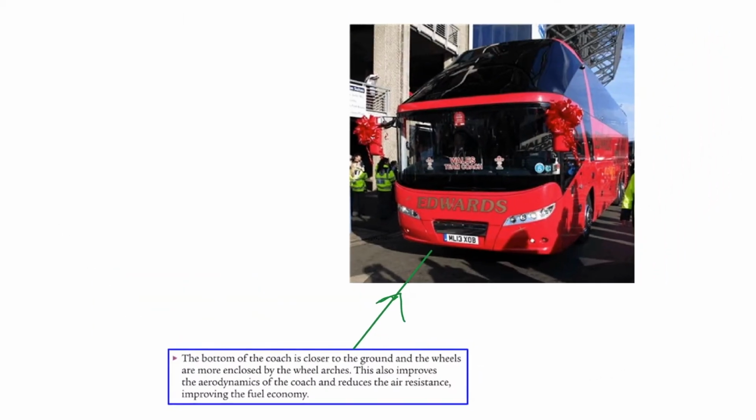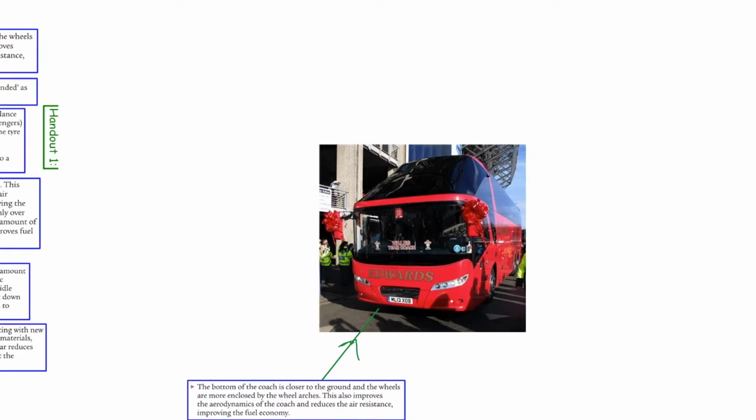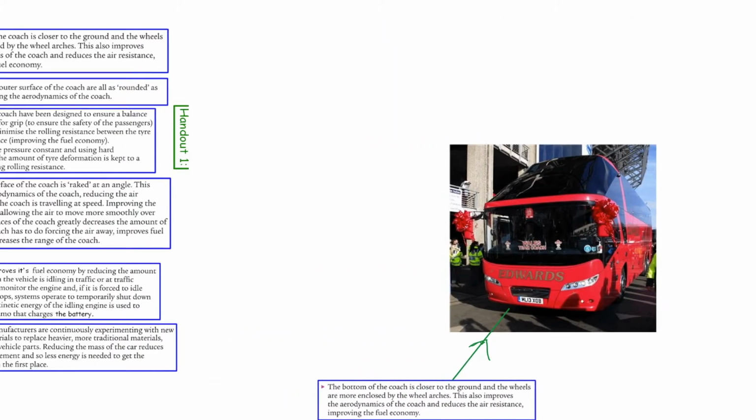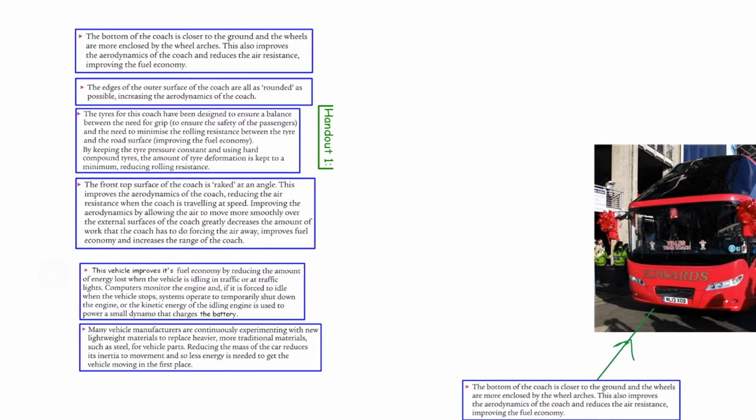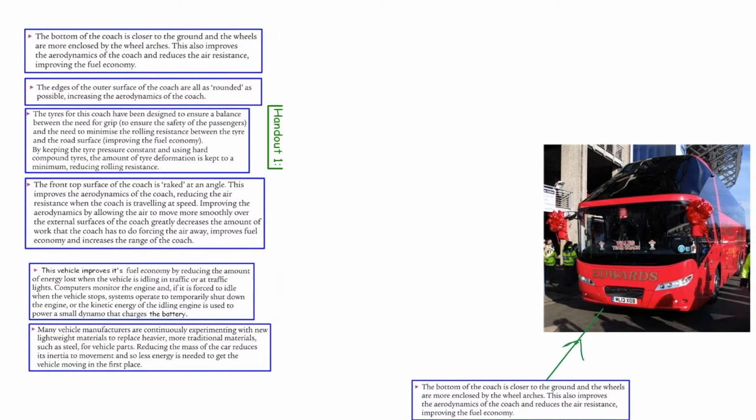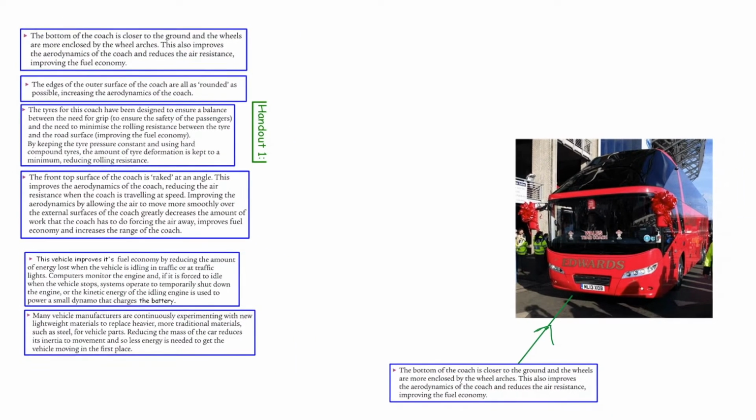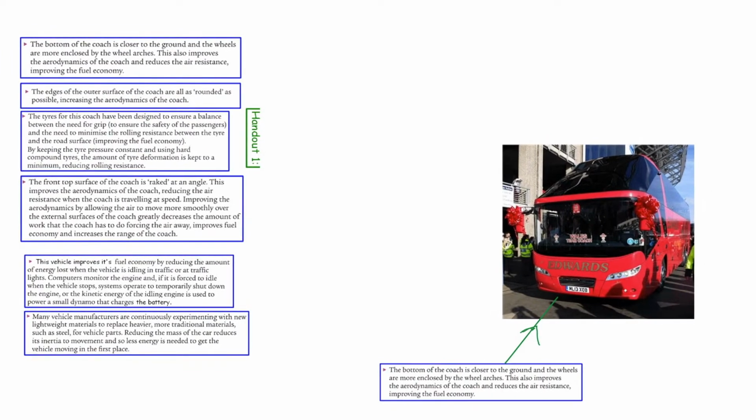What you need to do now then is the same for the remaining boxes you see on the left hand side of the screen. So pause the video now and complete that activity.